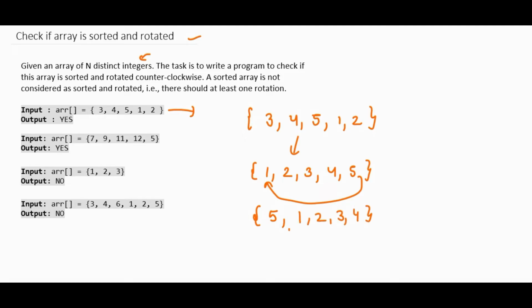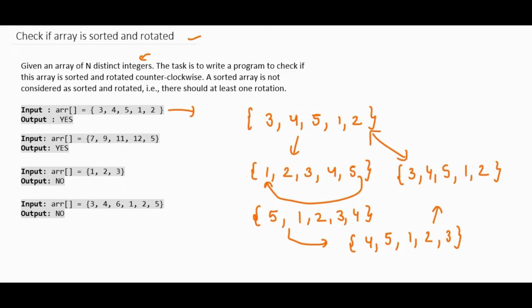Then in the next rotation it would be 4, 5, 1, 2 and 3, and the next rotation will be 3, 4, 5, 1 and 2, right? And they are the same. So this array is rotated and before that it was sorted as well.